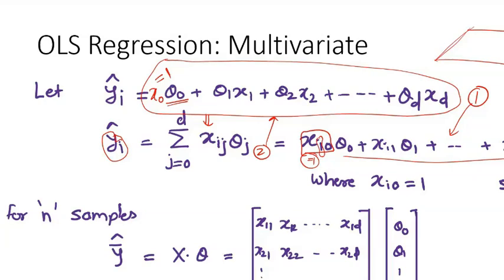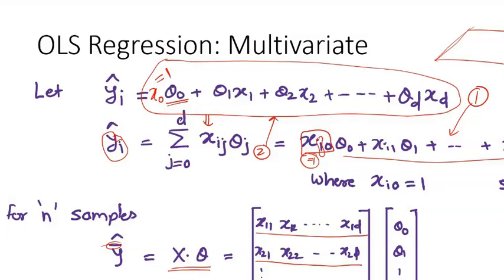If I collect all y's for a given problem, this bar should not be there. So if I collect the estimation of all y's, then it is equal to X into theta, where X is a matrix which is a collection of all the inputs.